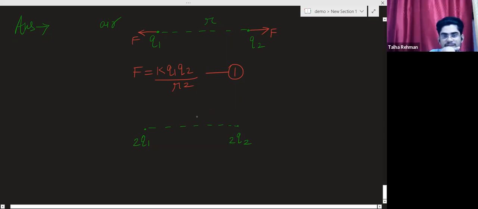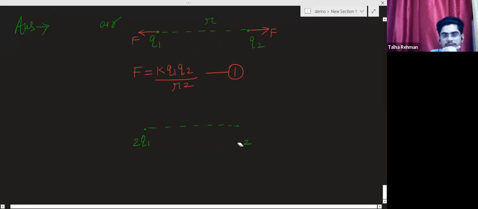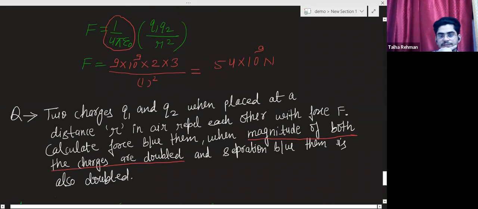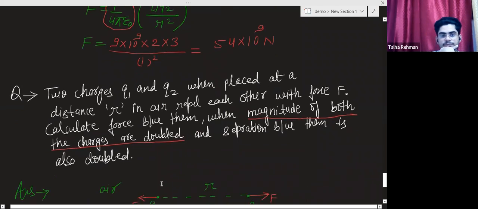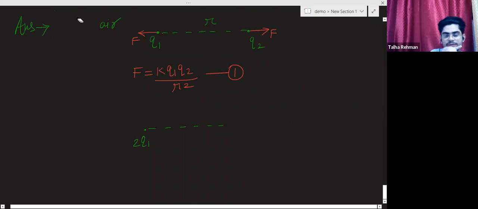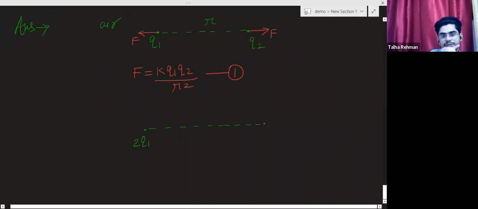And the separation between them is also doubled, which means we have increased the separation between the charges. Separation doubled means it becomes 2R.